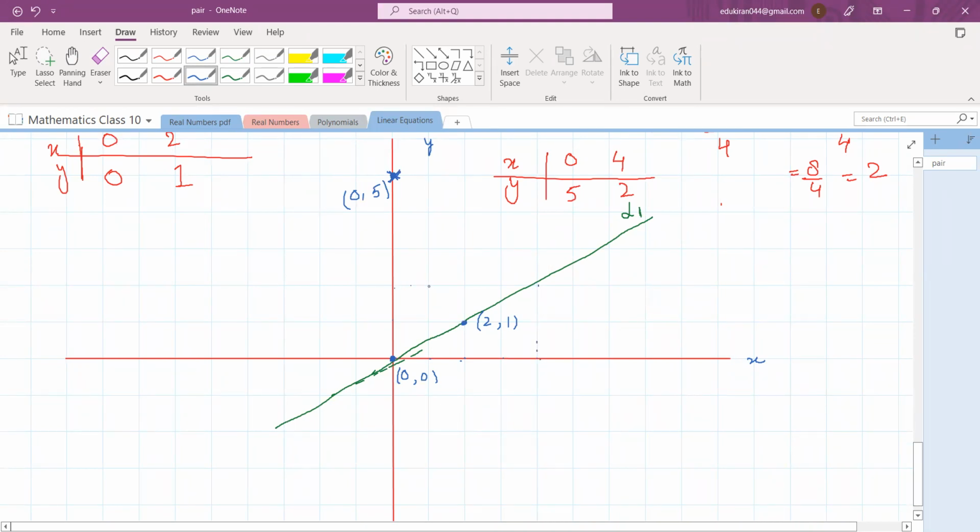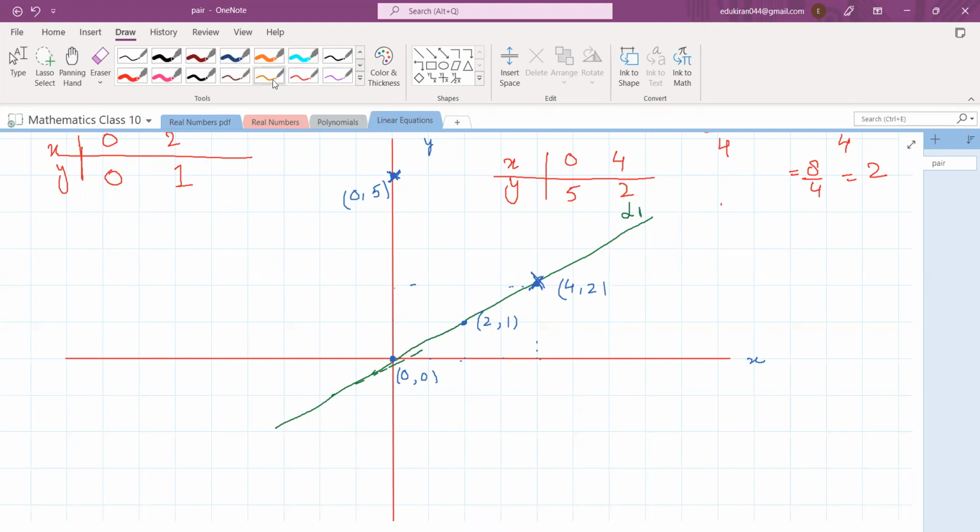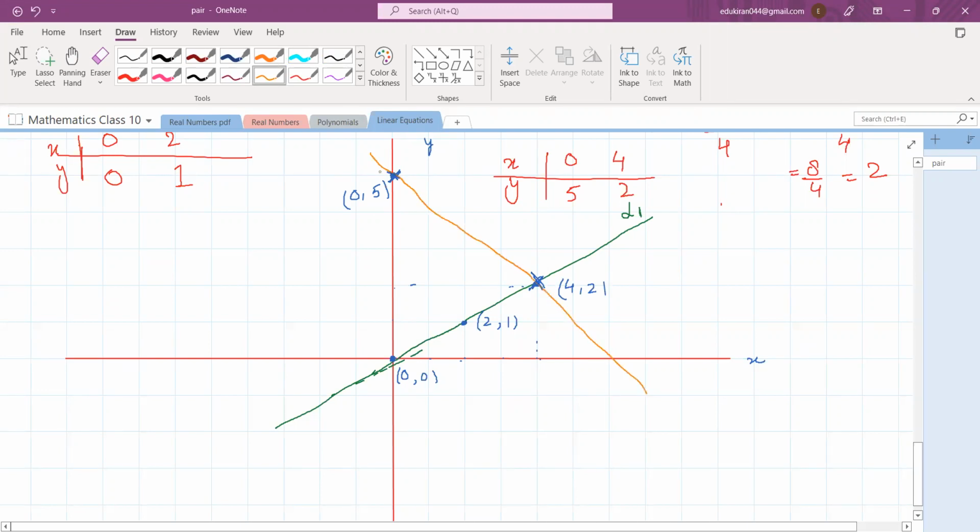That's how you plot it, right? So basically this is the point, x is 4 and y is 2. So these are the 2 points. Now you join them. I think I can use a different color. So this is another line, L2. Please use the scale and a graph paper. So this one will be your line L2. Understood?